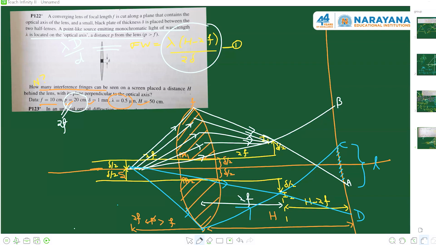Now remember one thing, this diagram I have drawn, assuming case 1. There are a few possibilities I need to observe in this question, because I haven't looked upon the data yet. There is a possibility that this complete spectrum that you have got here, depending upon the distance, this point may lie on the lower side also.